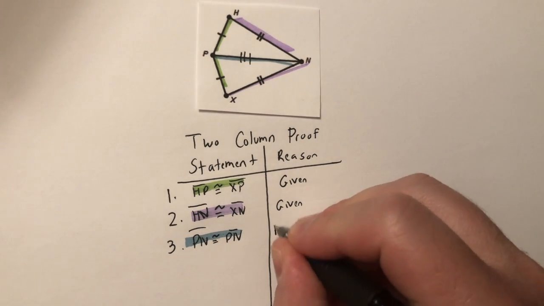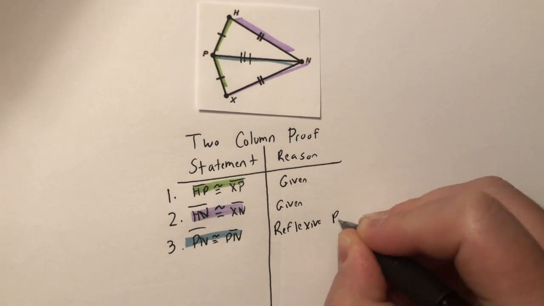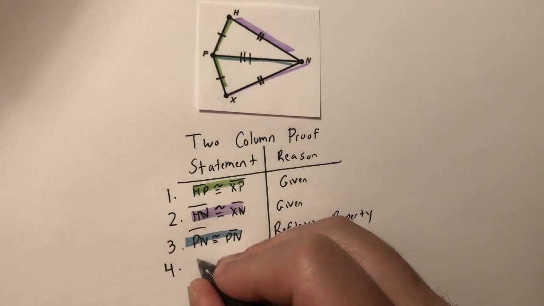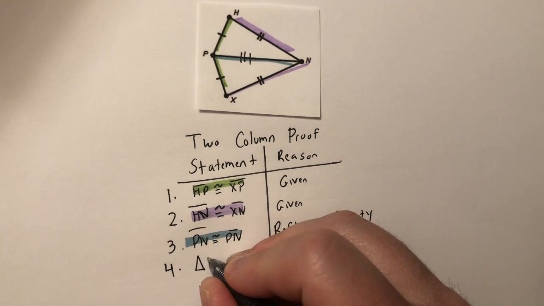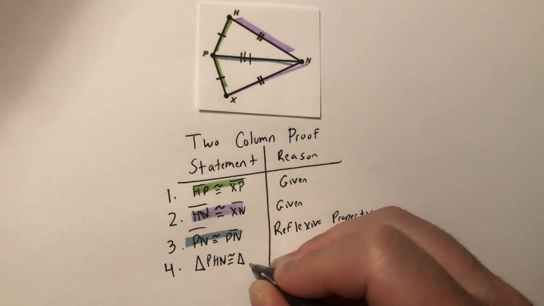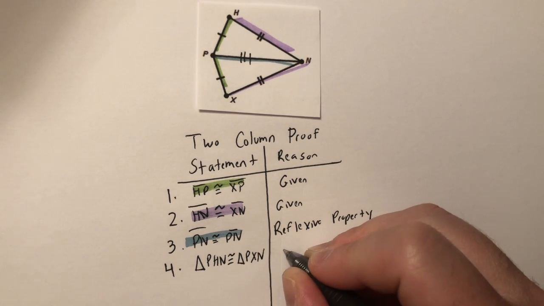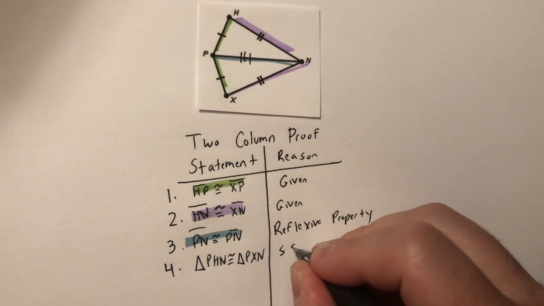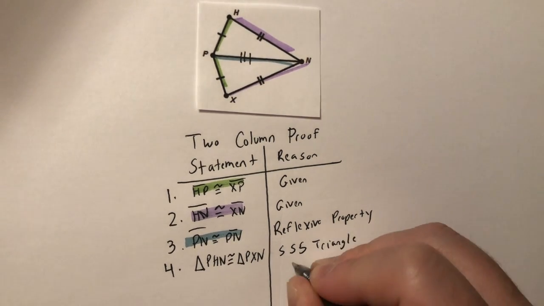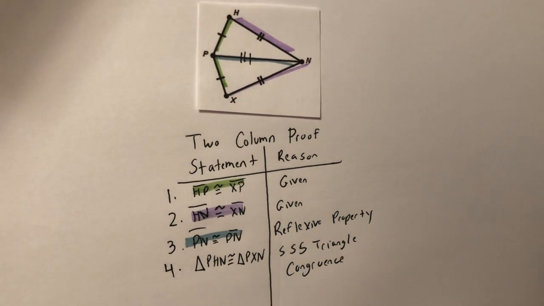Well, that is called the reflexive property. And last but not least, triangle PHN is congruent to triangle PXN because of SSS triangle congruence. And there you have it.